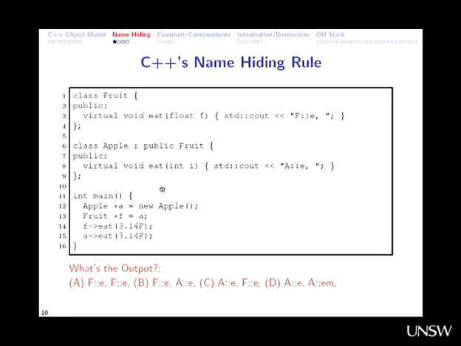So even though this eat function is also defined up here, it had hidden it away because you got the types wrong. It had gone, well, I'm overwriting this function and this other one, I don't know what's going on there, so I've hidden it away. And because it's hidden away, it came out to A-E.